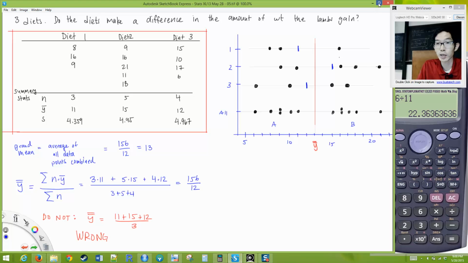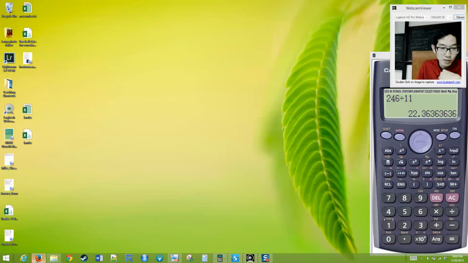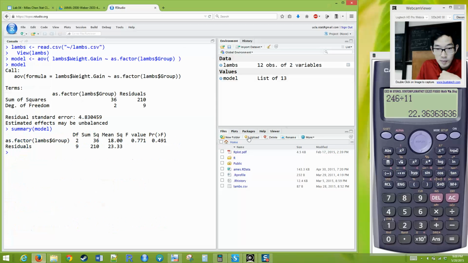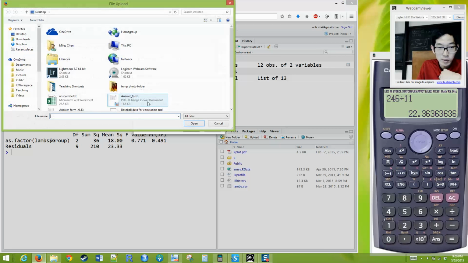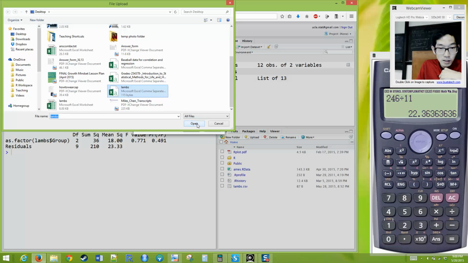Oops, that's the wrong RStudio. Okay, so let me close this out, because I'm doing this in the cloud here. Yeah, our p-value should be quite significant, right? Okay, so let's clear this, and now we're going to open up lambs.